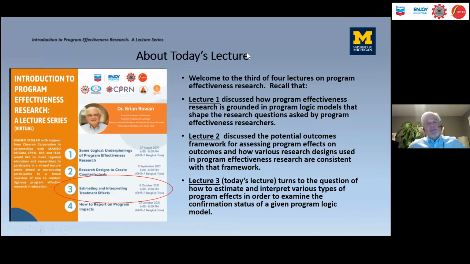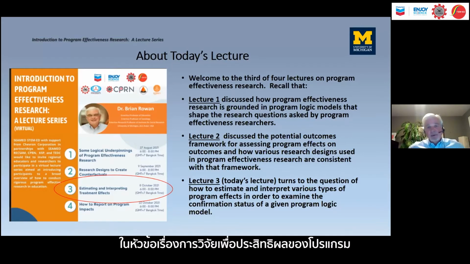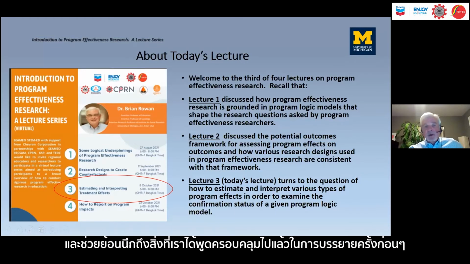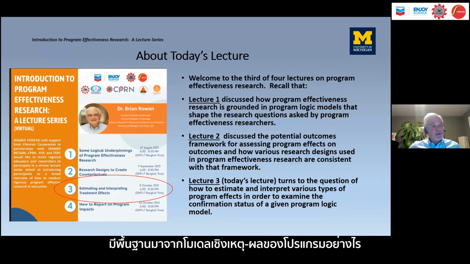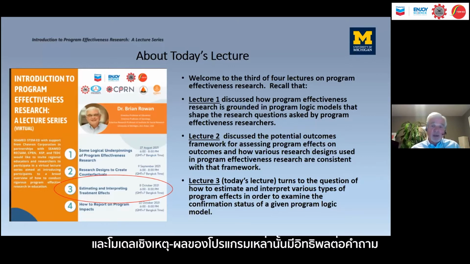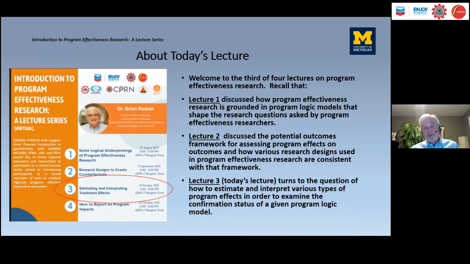Okay, so welcome, colleagues, to the third of four lectures on program effectiveness research. And recall what we have covered in previous lectures. Lecture 1 discussed how program effectiveness research is grounded in program logic models, and how those program logic models shape the research questions that get asked by program effectiveness researchers.